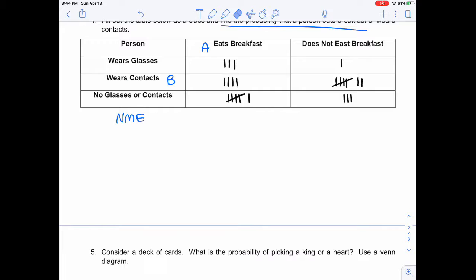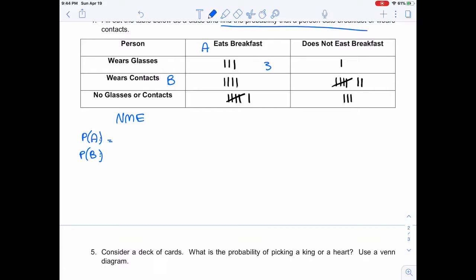So we're going to have to define what our event A is, define what our event B is, and find our probabilities. I already said A was eating breakfast, B was wearing contacts, so I'm going to jump right to the probabilities actually. So for our probability of A, of eating breakfast, we have to do a couple of things first. We have to see how many people eat breakfast altogether, and then the total number of people in this survey.